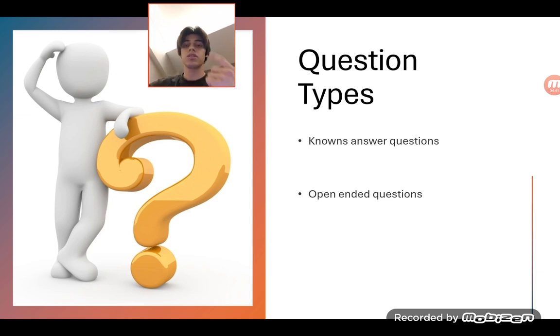It's one particular answer, as in the example previously. What is 2 plus 2? It has one specific answer. Open-ended questions. Here the teacher doesn't really seek one right answer, and even the teacher may not have a predetermined answer in mind, because it's an open-ended question. The answers may vary vastly.